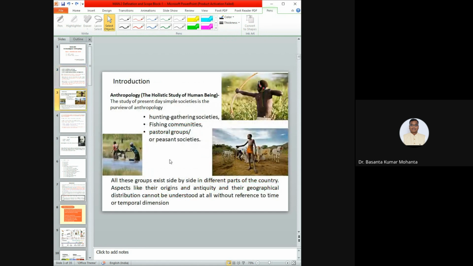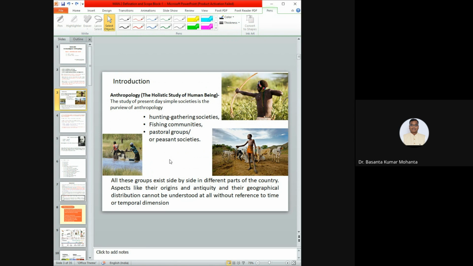So, as we know, anthropology studies the human being, and when anthropologists study the human being in totality, their main focus was to study the simple societies living across the world. And who are the people belonging to this simple society?